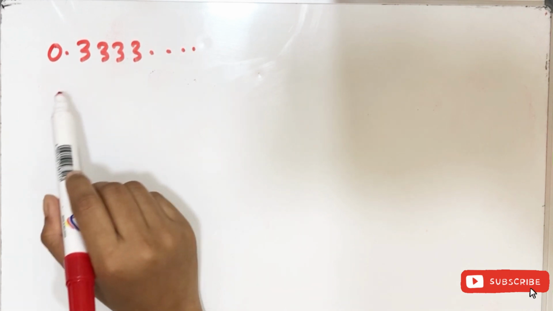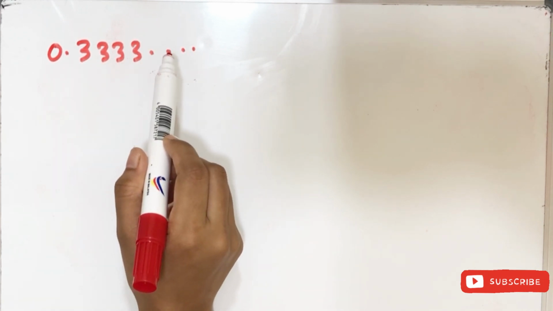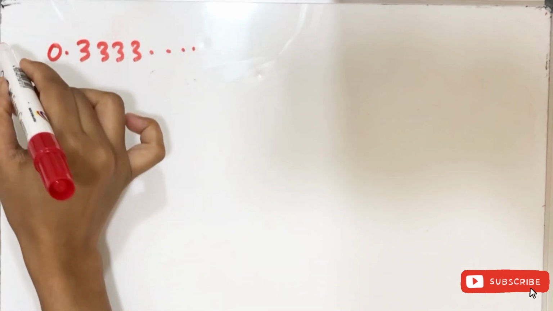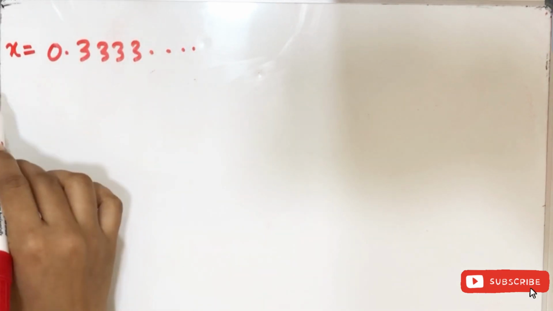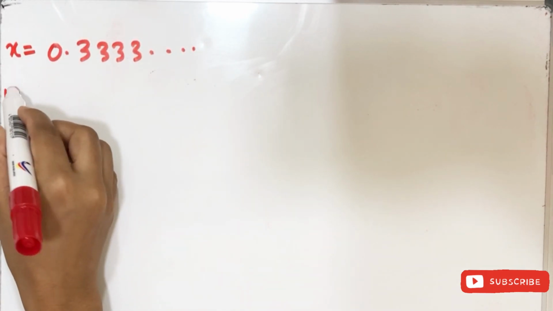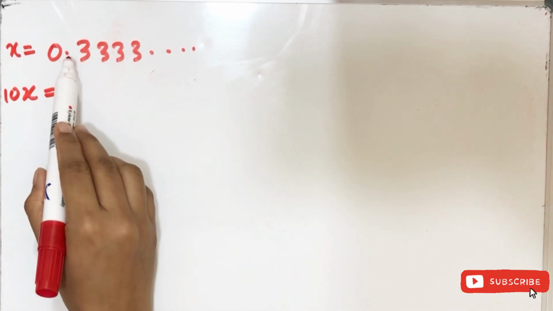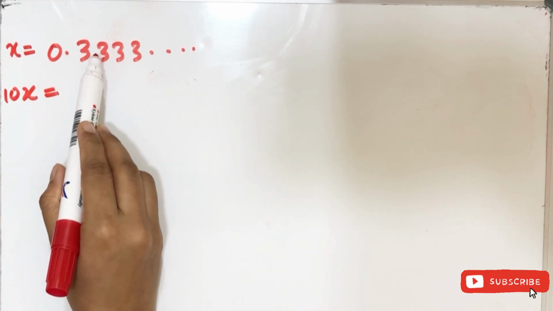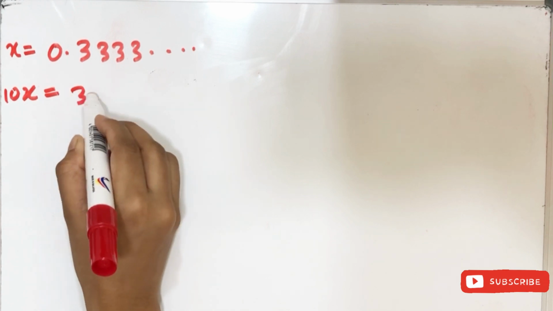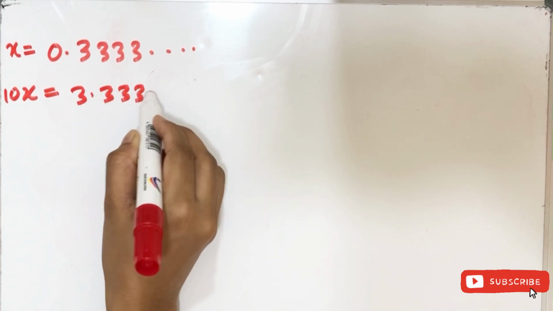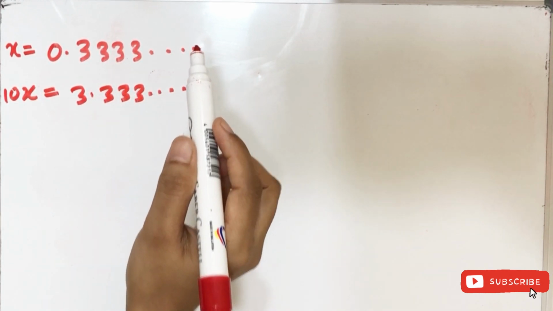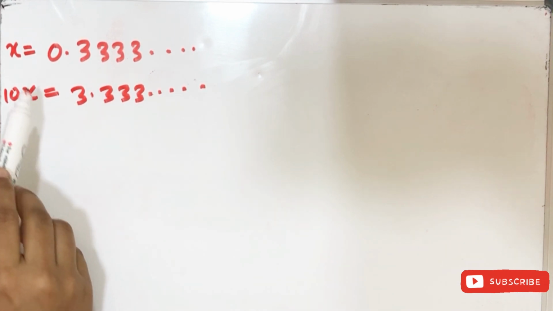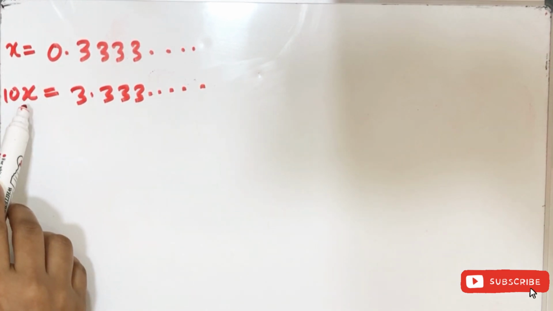When we multiply it by 10, what will happen? We can call this x. Then multiply it by 10. That is 10x is equal to, decimal goes one place to the right, that is 3.3333, etc. Then if I subtract x from 10x, what will happen?